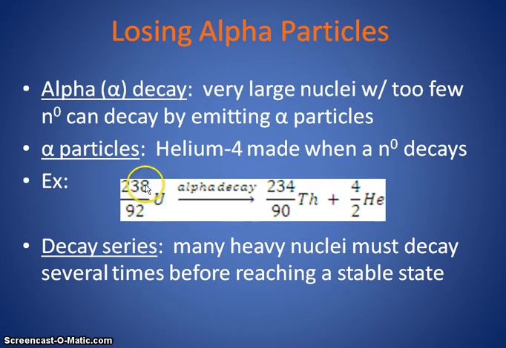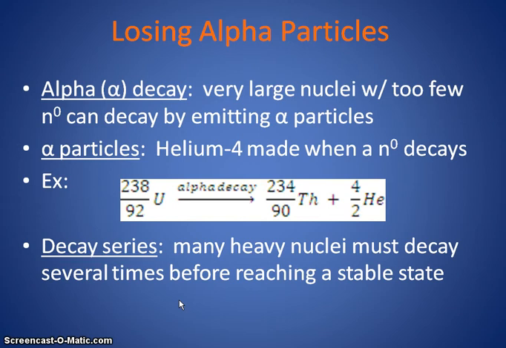They start here with uranium-238, and if it undergoes alpha decay, you're going to release this alpha particle, your helium-4, which has 2 protons, and then the remaining part left over from that original uranium is going to be the atomic number of 90 and the atomic mass of 234. These two added together would give you your original uranium, so you're splitting that apart and getting rid of that alpha particle.